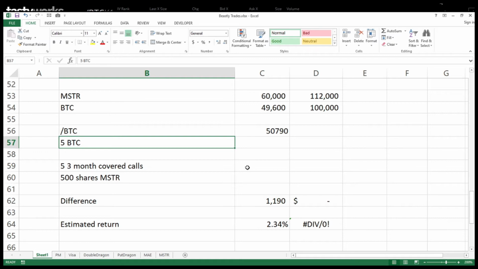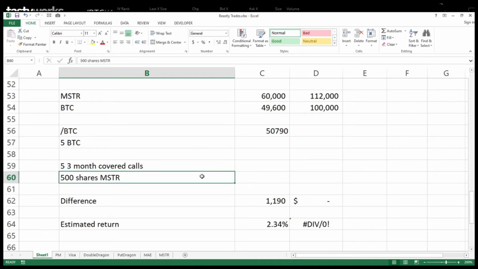Another way you can get around this, maybe if you also want to size it a little bit differently, I've mentioned in the past, is every 100 shares of MicroStrategy. That could potentially work for you.